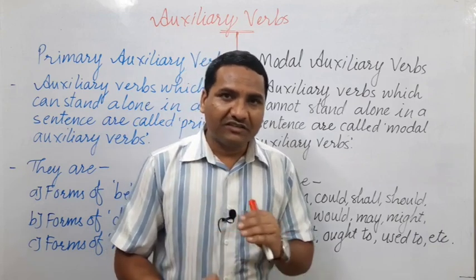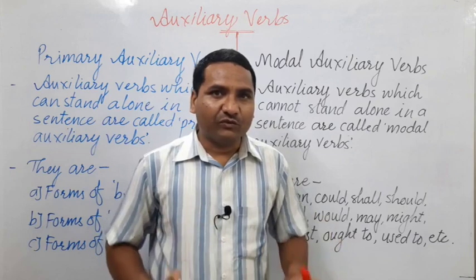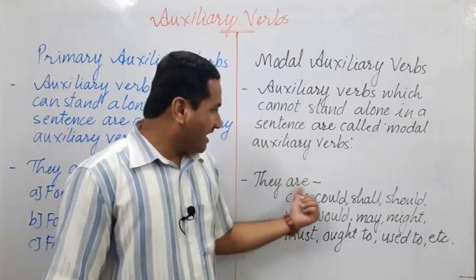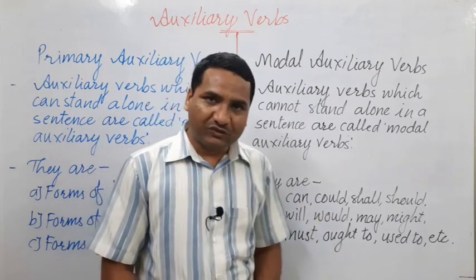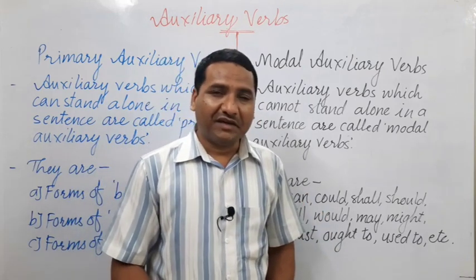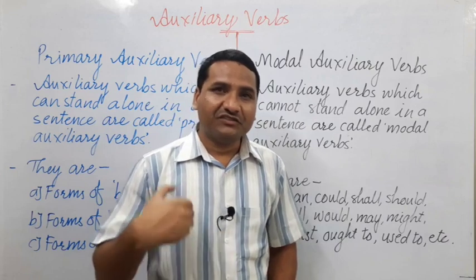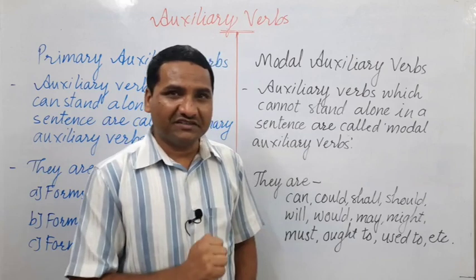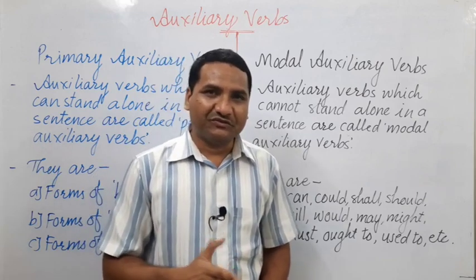So a modal auxiliary verb cannot stand alone in a sentence. There must be a main verb. They are can, could, may, might, shall, should, will, would, must, ought to, used to, etc.